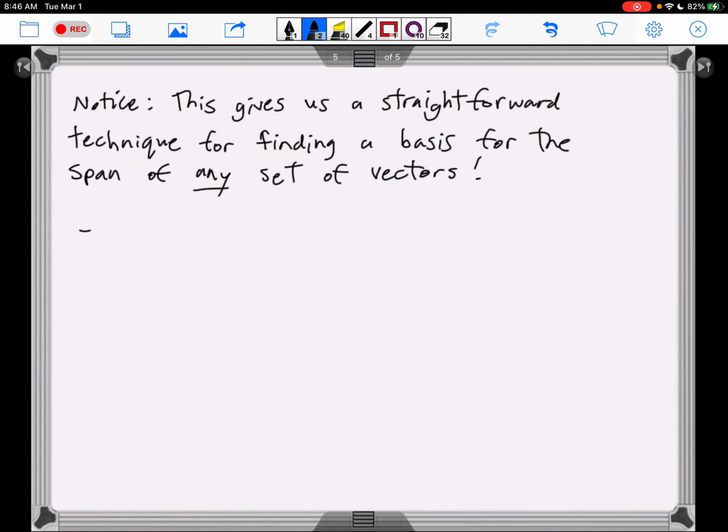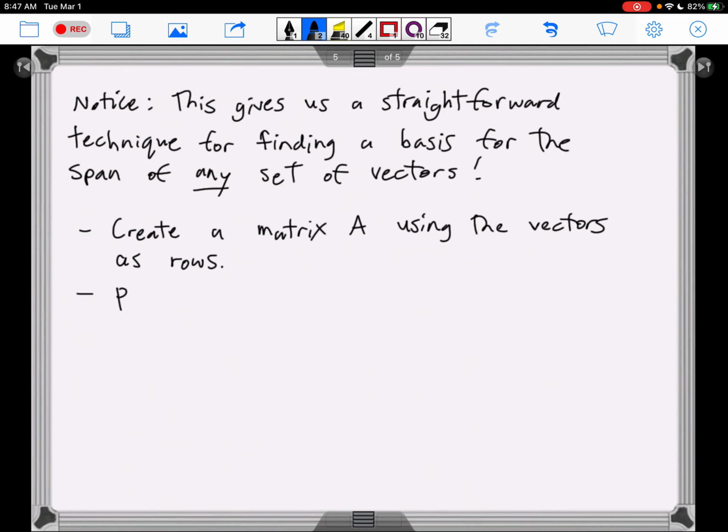What do we do? First, create a matrix A using the vectors as rows. Then put A in row echelon form using elementary row operations.